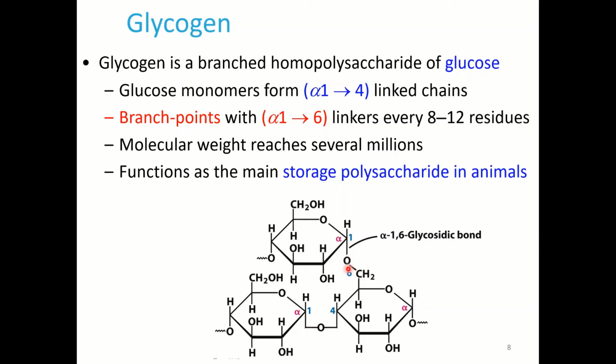So remember 6 is up here. It's branching off from the OH on carbon 6 to another anomeric carbon 1 on a different glucose molecule, so that creates a branch. This alpha 1 to 4 chain continues on, but it just branches off here. And from here you can get another alpha 1 to 4 linkage.